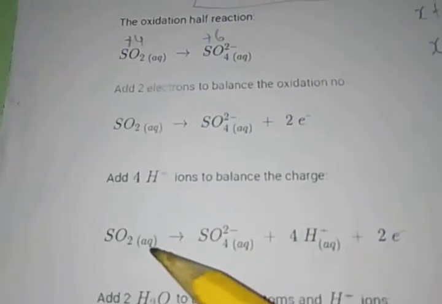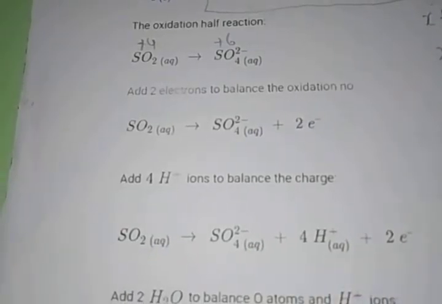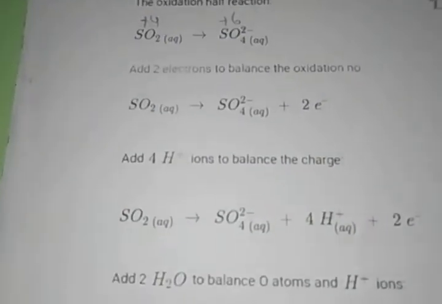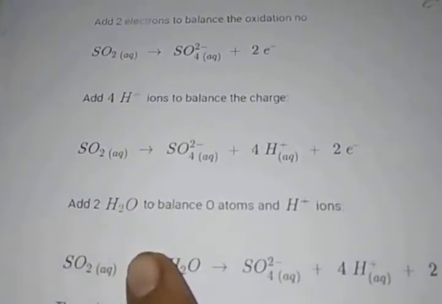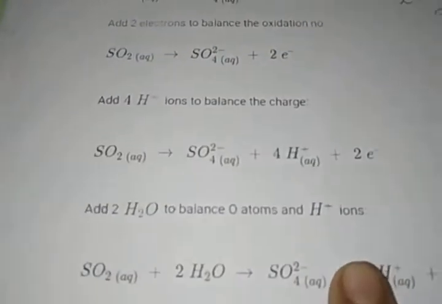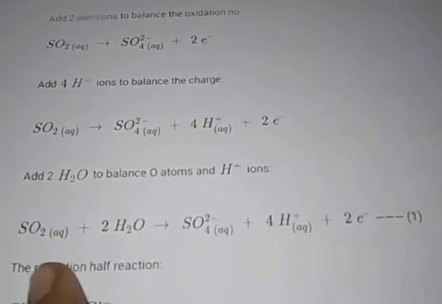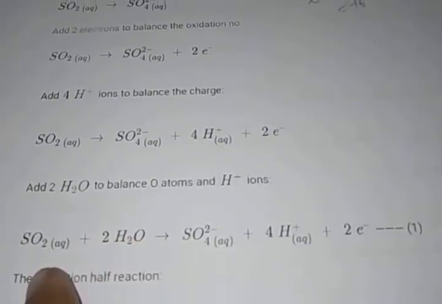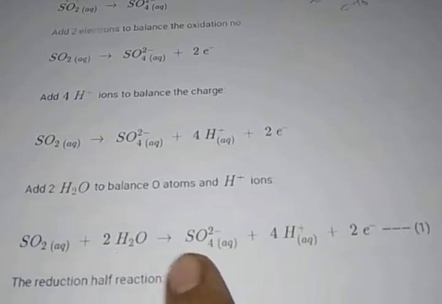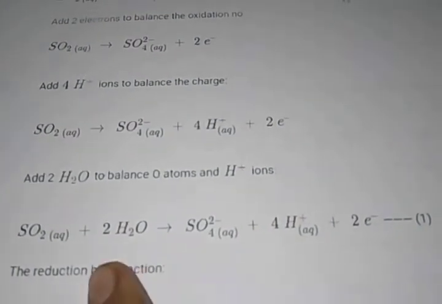So SO2 converts into SO4 2 minus plus 4 H plus plus 2 electrons. Then on the left hand side we add water to balance the oxygen atoms and H plus ions. Sulfur is 1 on the right side, oxygen 2 plus 2 gives 4, and 4 hydrogen gives 4 H plus. This is the first equation.